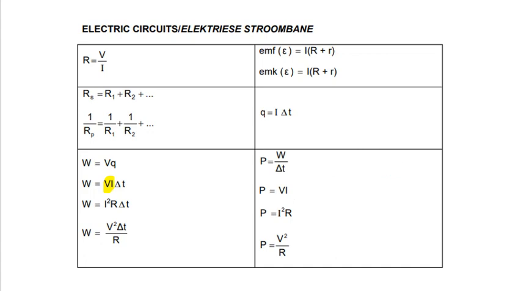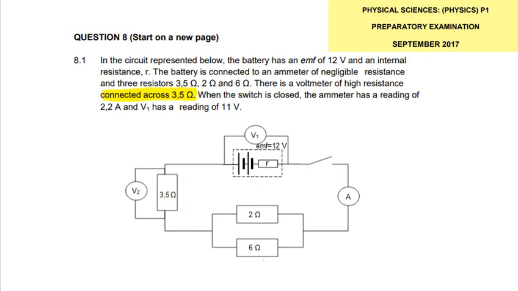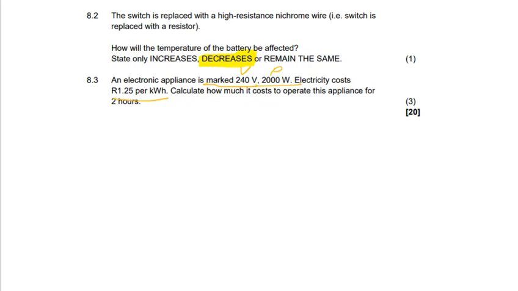So they want you to calculate the cost. The formula for cost is, please write it down, C is equals to tariff times E. Okay, I'm gonna explain this just now.